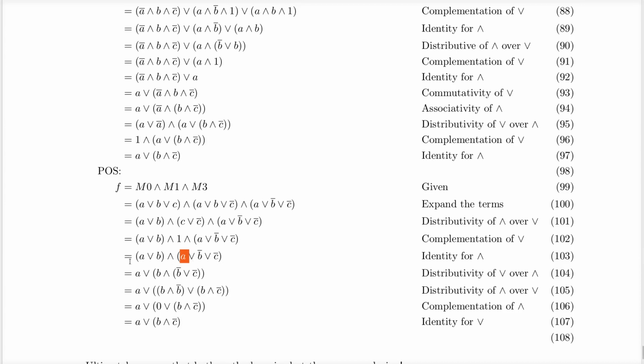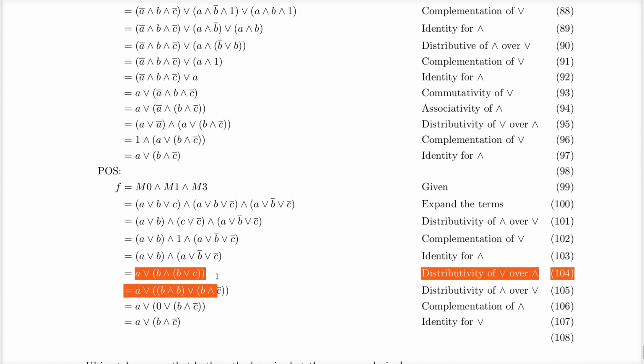I end up with A ORed with the B and the B bar or C. That comes down again, just like multiplication and addition in high school algebra or junior high, or whenever we learn that. I can't remember. So we end up with this guy down here.